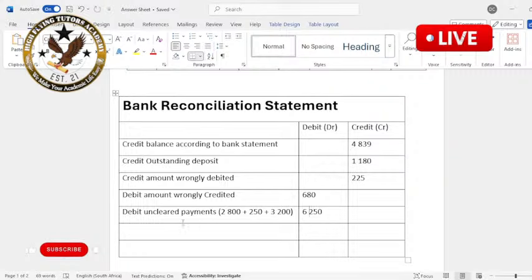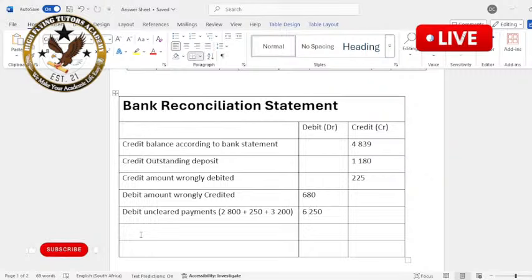Okay, and then 6,250. Let me just confirm it with my calculator as well. Don't want mistakes because this thing must balance, you know. Okay, I'm getting 6,250 as well.